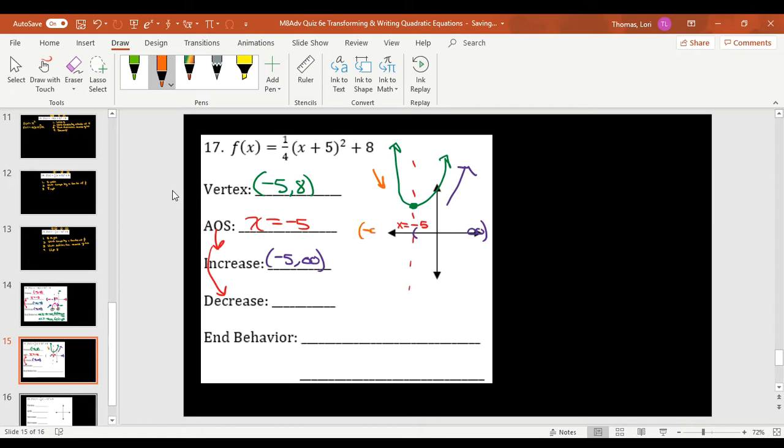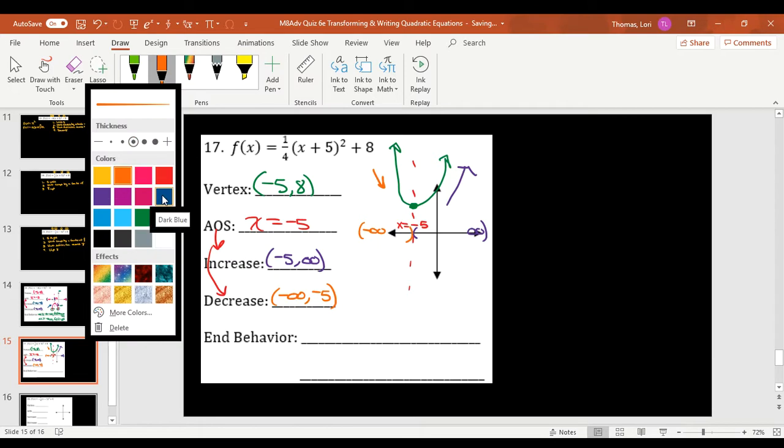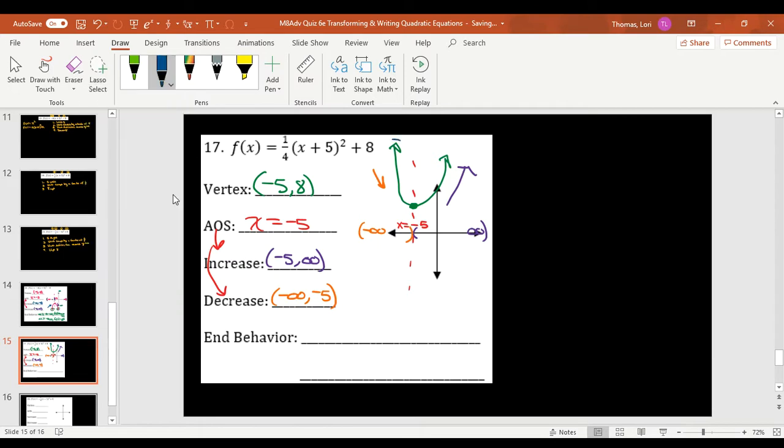So from negative infinity to -5, it is decreasing. My end behavior is both going up. So as x goes left on the graph, f of x goes up. As x goes right, f of x goes up.